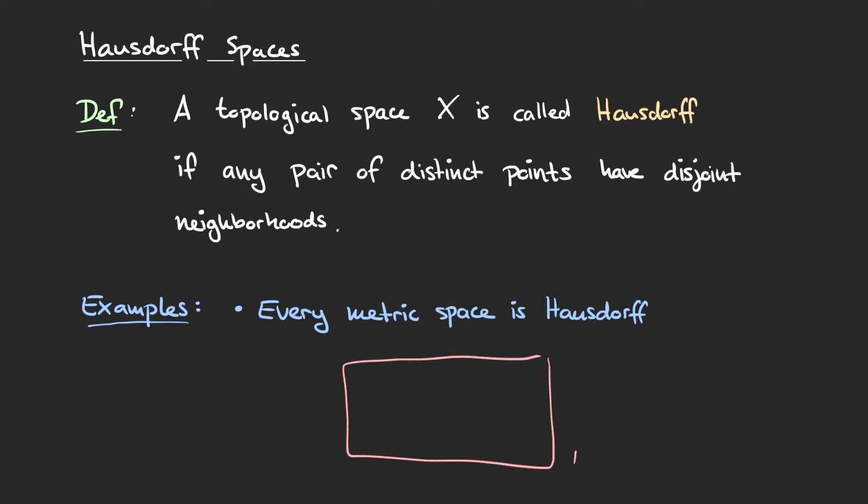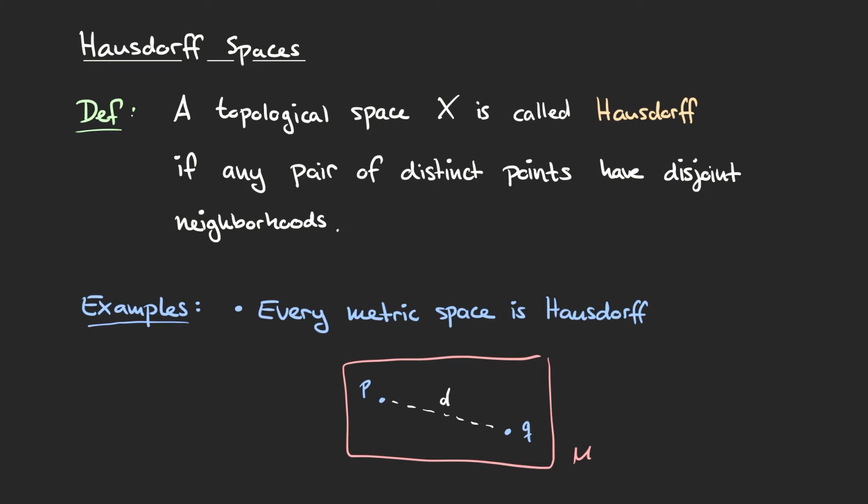Well, if we have some metric space M, and we choose any two distinct points P and Q, these points will be separated from one another by some distance d, which is strictly positive, because the points aren't the same point. We can now consider open balls around these points as neighborhoods.